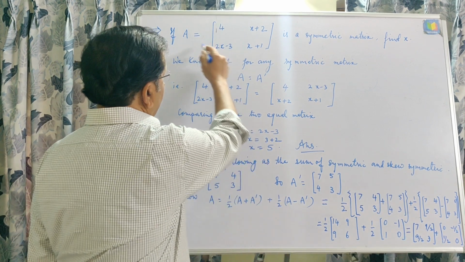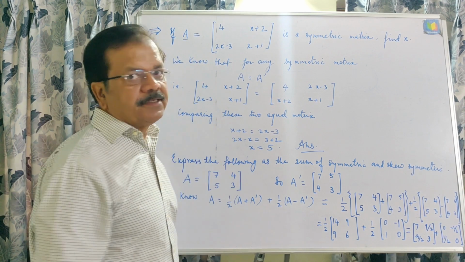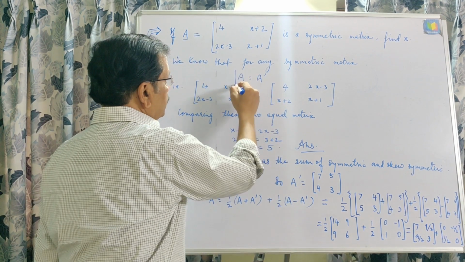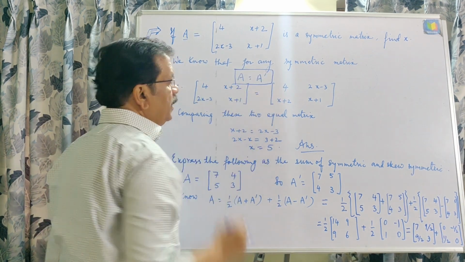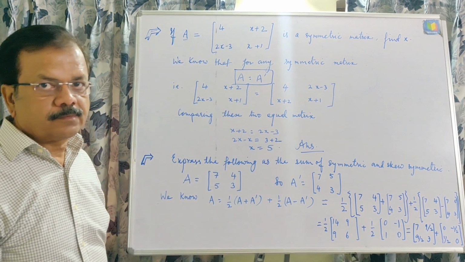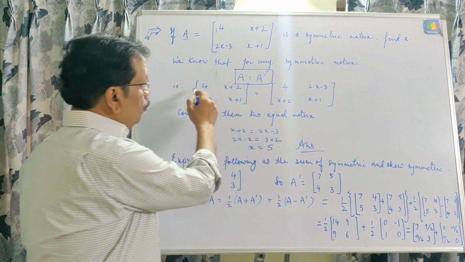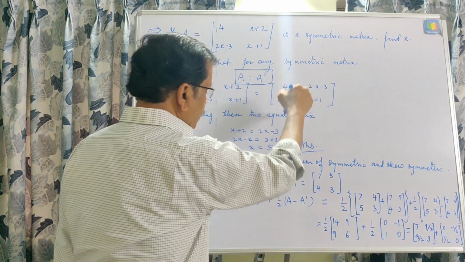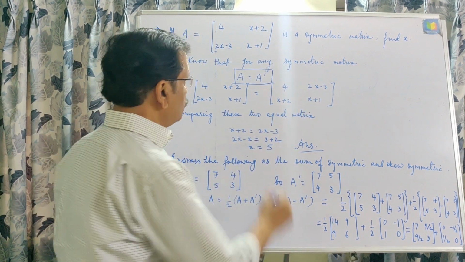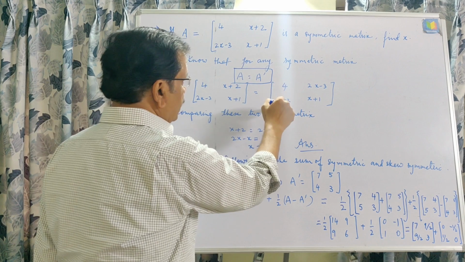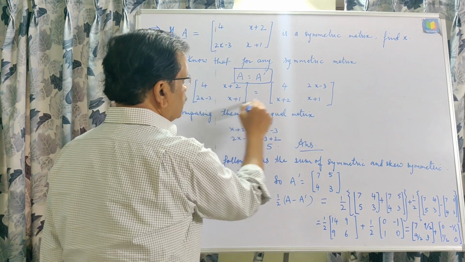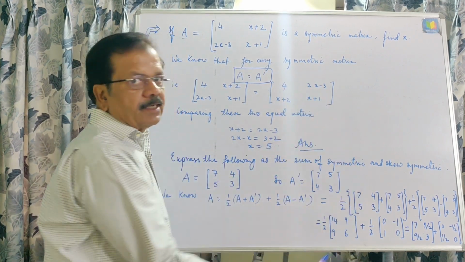Now here, if this is a symmetric matrix, then we know the condition A is equal to A transpose. That is, rows and columns will be interchanged in the transpose. 4x plus 2 will be written in one column, 2x minus 3 and x plus 1 will be written in another column.